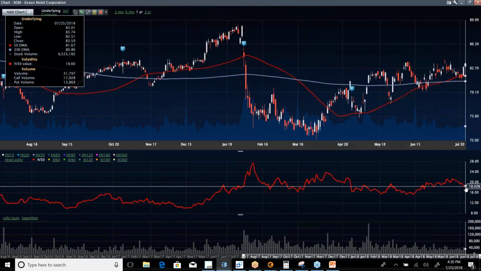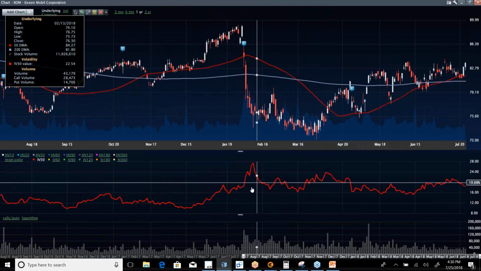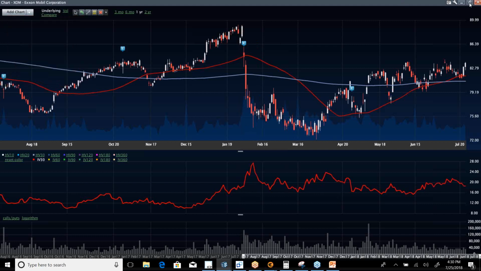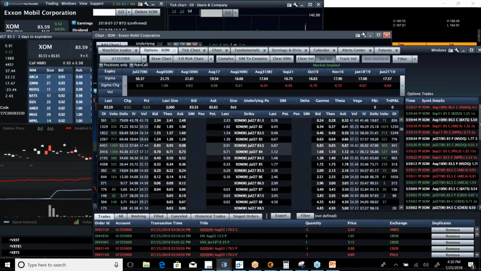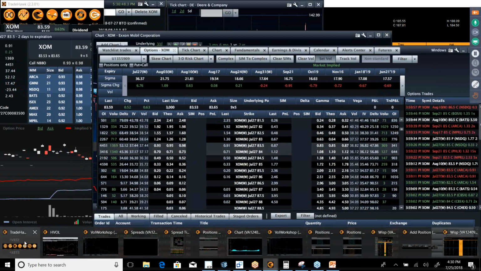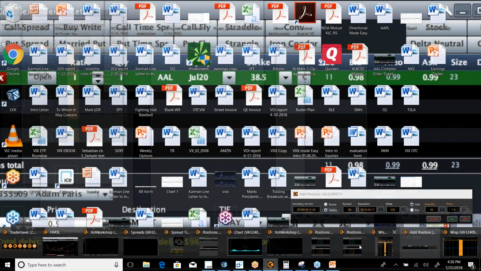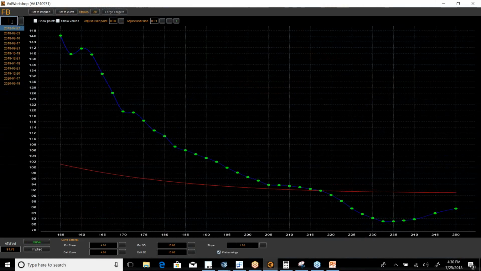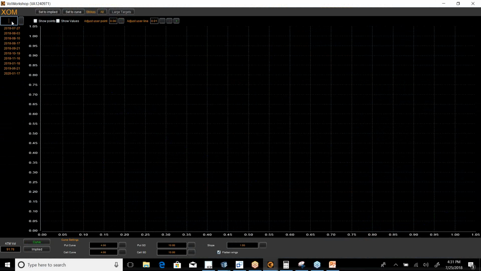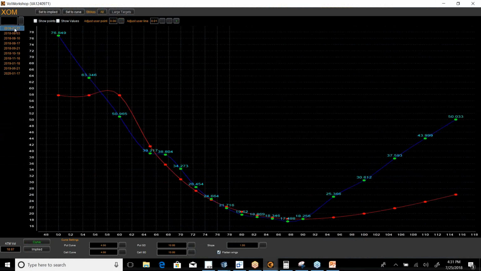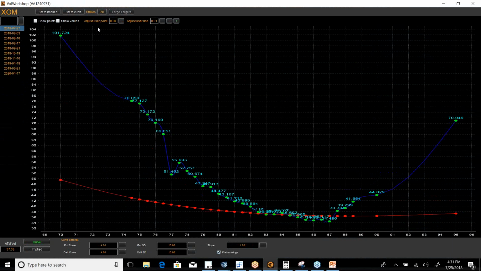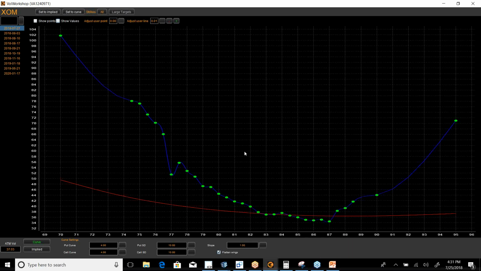Historically, I mean, the vol's not cheap. It's about where it was the last time. This sucker could move. All right, so let's take a look at that curve now in ExxonMobil. Well, you can see I'm going to hedge at the 87.